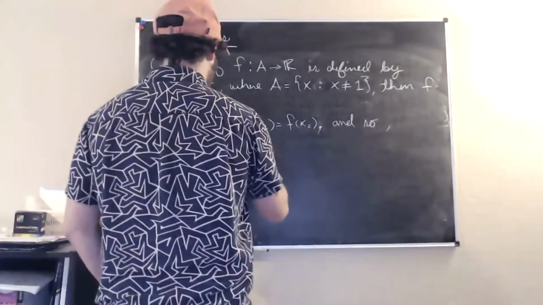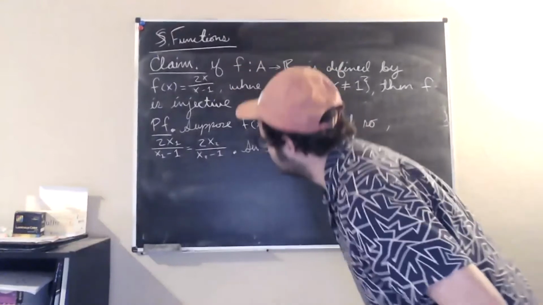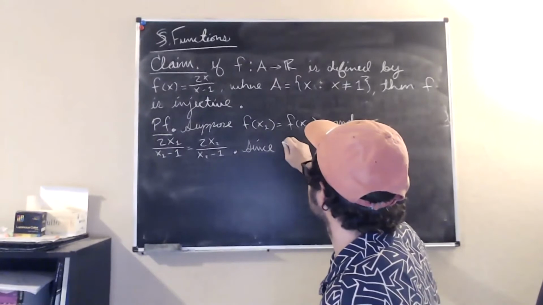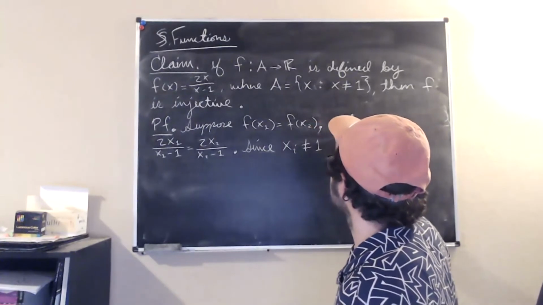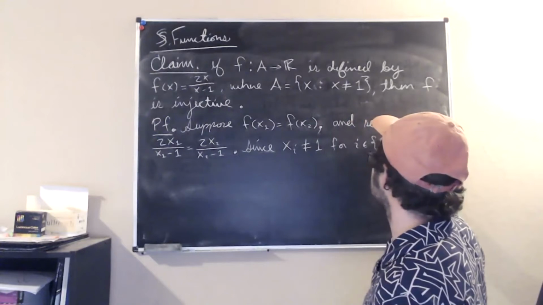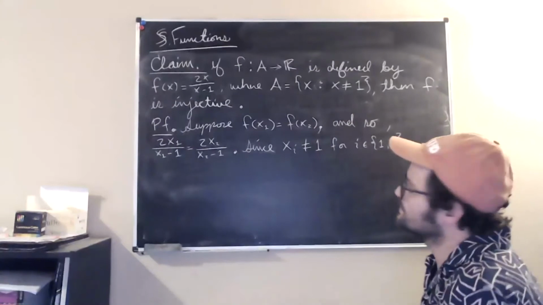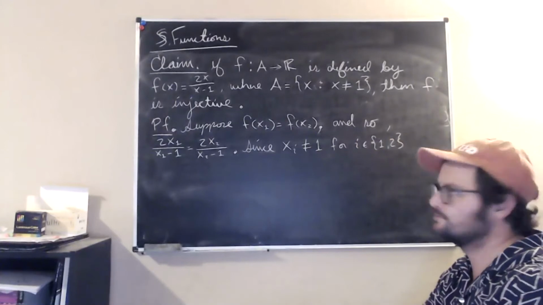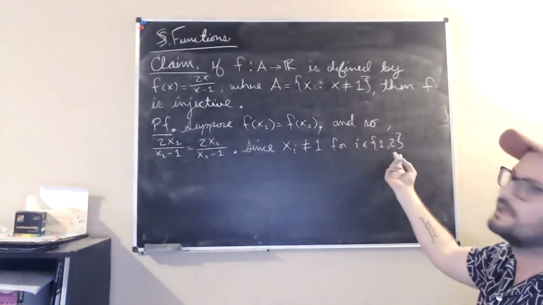All right, so then we can say, since xi is not equal to 1 for i in this set. So now I'm doing something a little bit more fancy that you're not used to. Instead of individually saying x1 and x2 not equal to 1, I use a subscript and I say that xi doesn't equal 1 for i in that set.